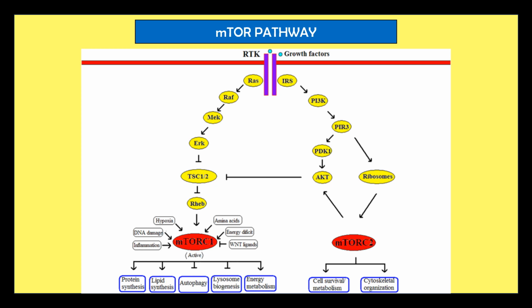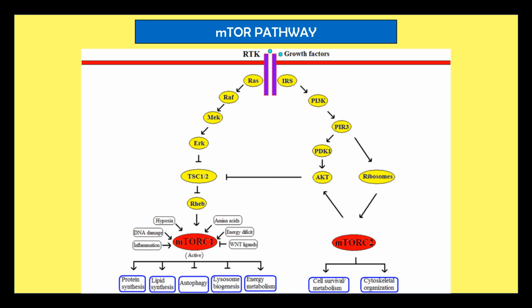So the extracellular signals usually required for animal cells to grow and divide as well as to survive, like the PI3 kinase AKT pathway that signals the cells to grow, depend on a large serine threonine protein kinase called TOR, named as target of rapamycin. In mammalian cells, it is called mTOR.